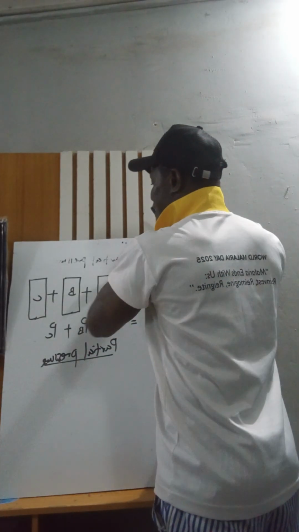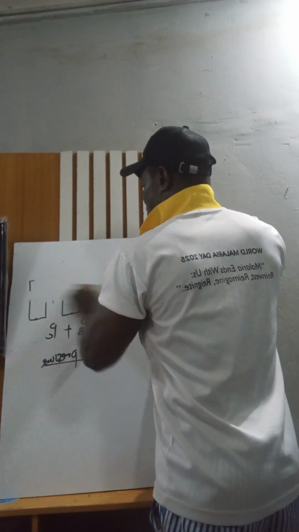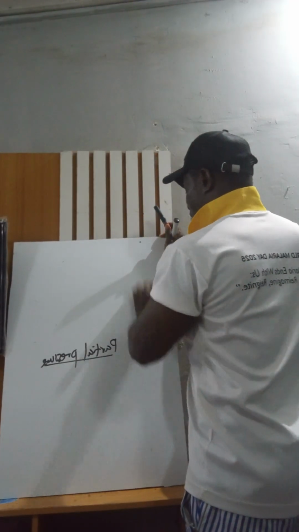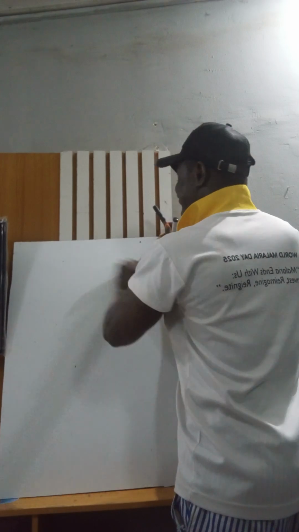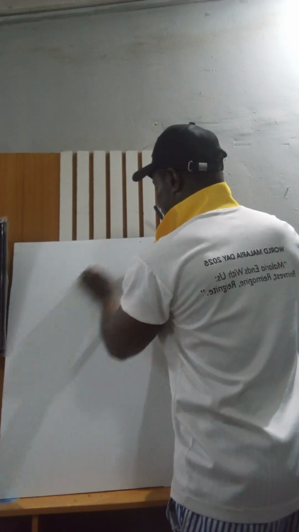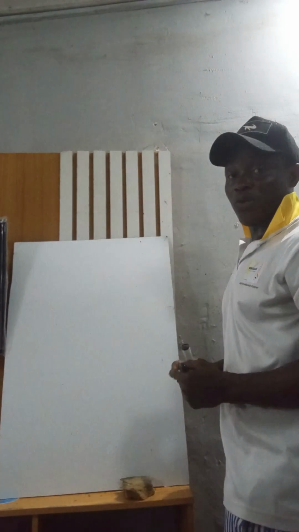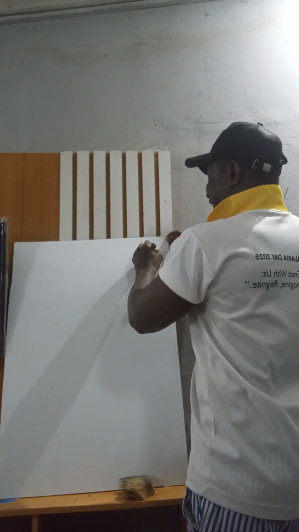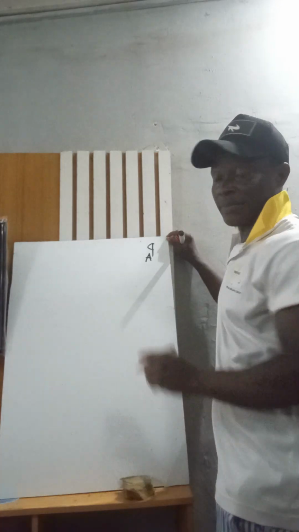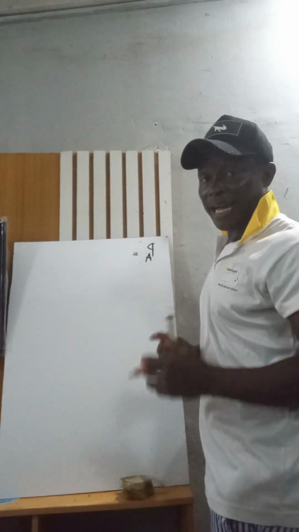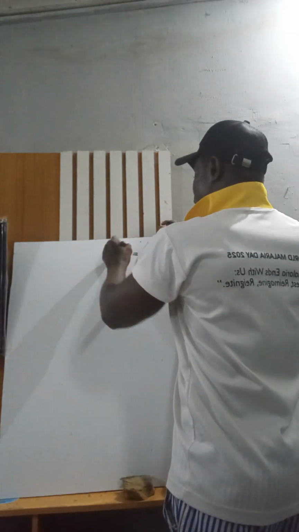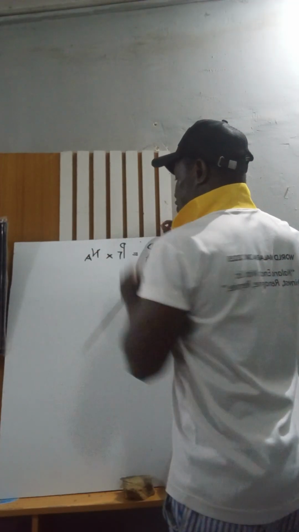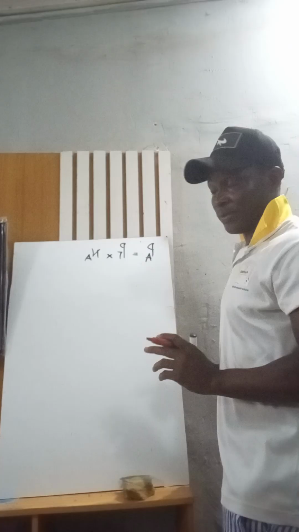Mathematically, we can define partial pressure of any gas. How do you do that? You say the partial pressure of any gas, let me say it's gas A, is mathematically defined as the product of total pressure times mole fraction. Pay attention very well.